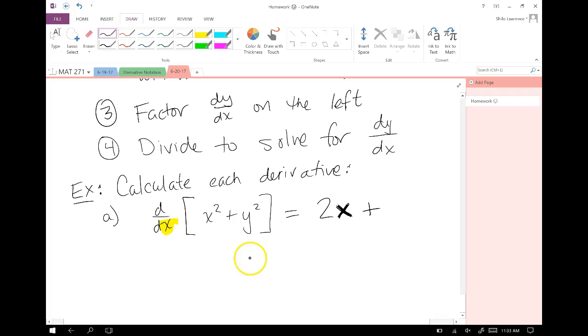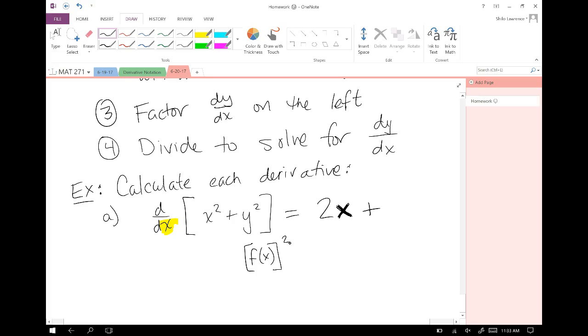Y squared, y is a function of x. So that's like saying we have some function of x and it's being squared. That's a composite function. So we've got to do the derivative of the outside times the derivative of the inside. You're going to start with the power rule, just like we did on the x squared.